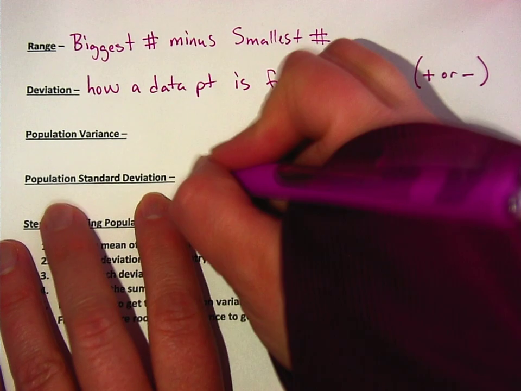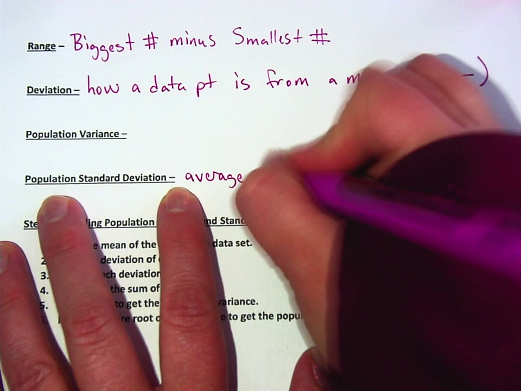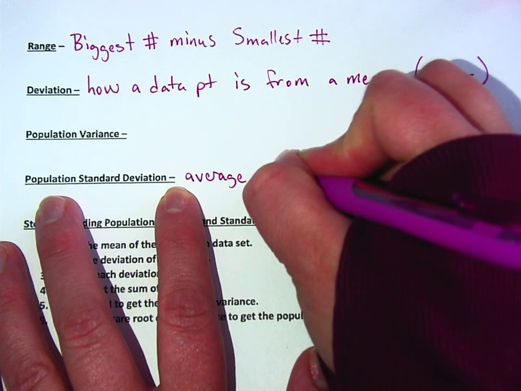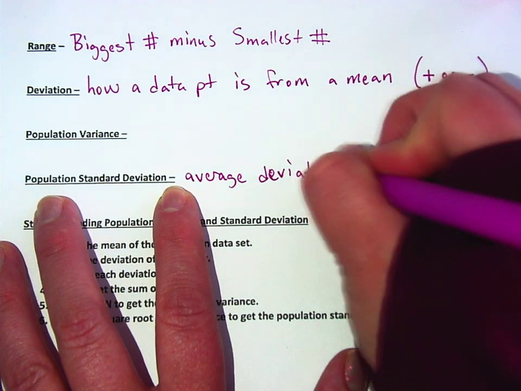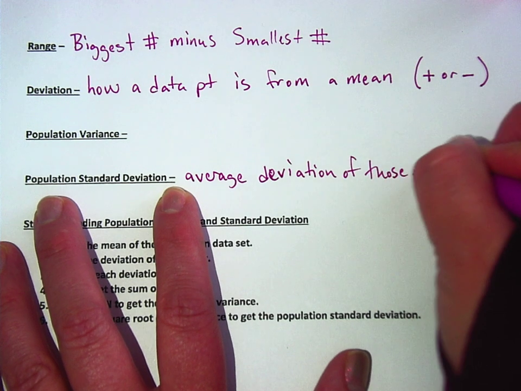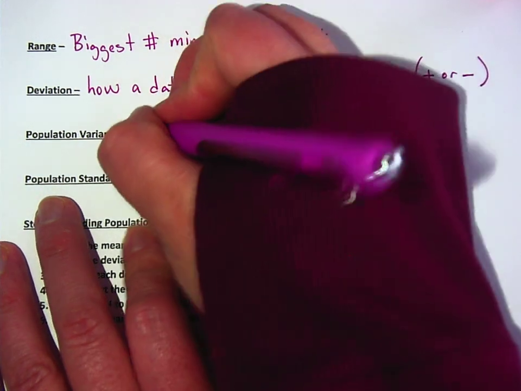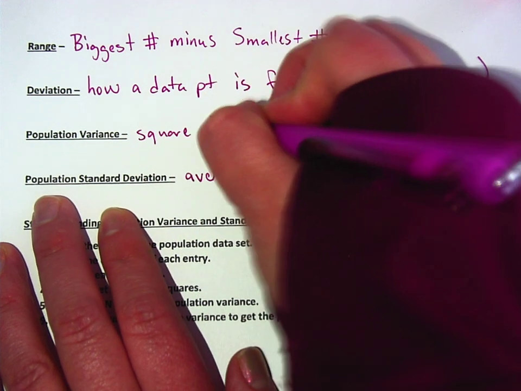Population standard deviation is the average deviation of all those points. Population variance is the square of standard deviation.